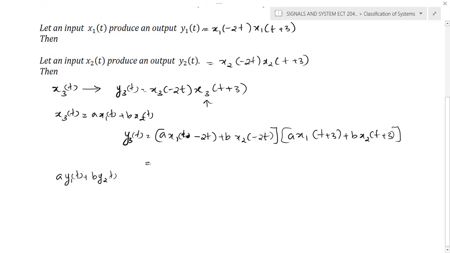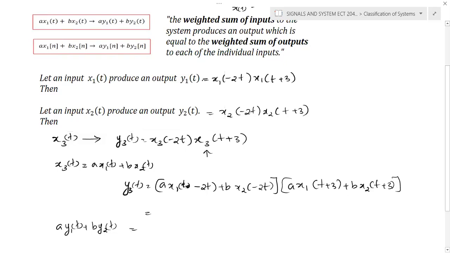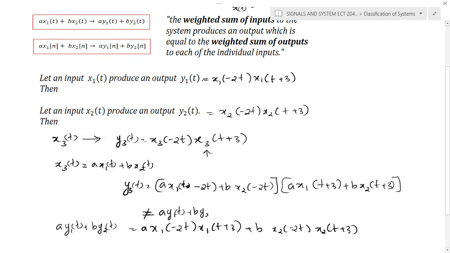If the system is linear, it should be in this particular form. a y1 of t, you can write, because y1 of t is already written here, so it becomes a into x1 of minus 2t into x1 of t plus 3, and plus b into x2 of minus 2t into x2 of t plus 3. And if you compare these two equations, we can conclude that it is not equal to a y1 of t plus b y2 of t.